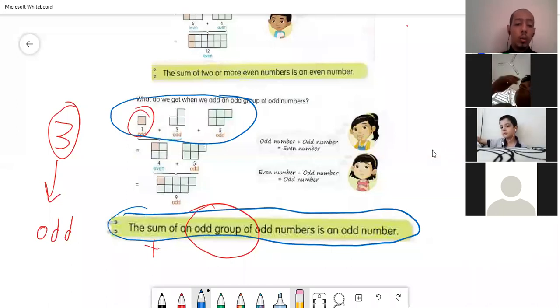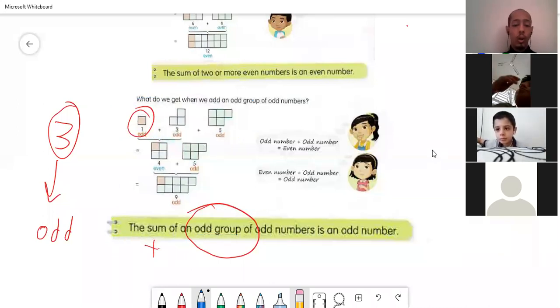That's why we came up to the answer 9, which is odd, because we have added 3 odd numbers. But if we add only 2, we're not going to get an odd number in the answer. This is going to be, for example, 1 plus 3 equals 4, which is even.